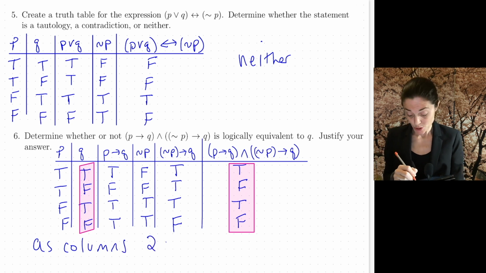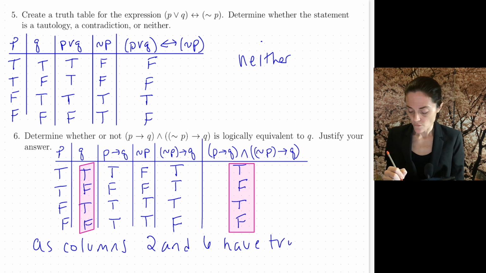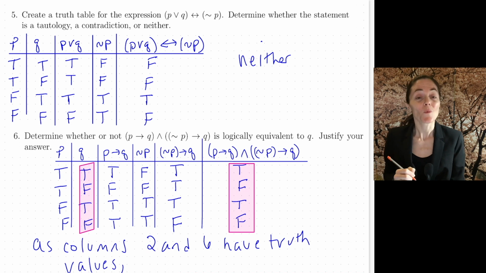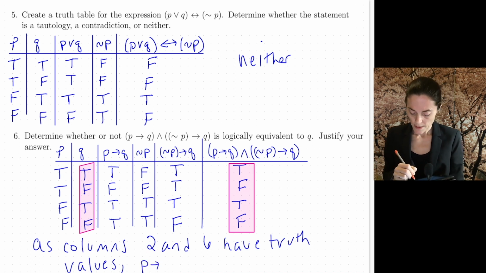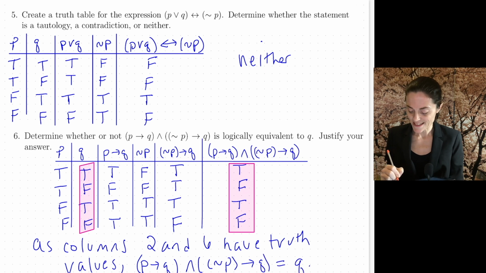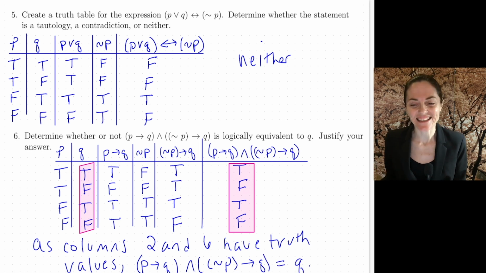As columns 2 and 6 have the same truth values, and this is for all possible inputs, we see that this expression, P implies Q, and not P implies Q, is logically equivalent to Q. And this is the end. Okay, we have justified. Very nice.